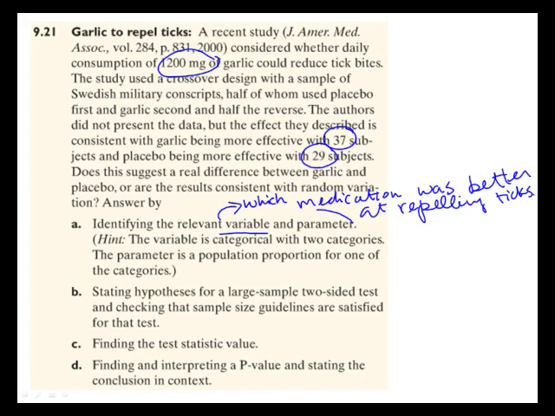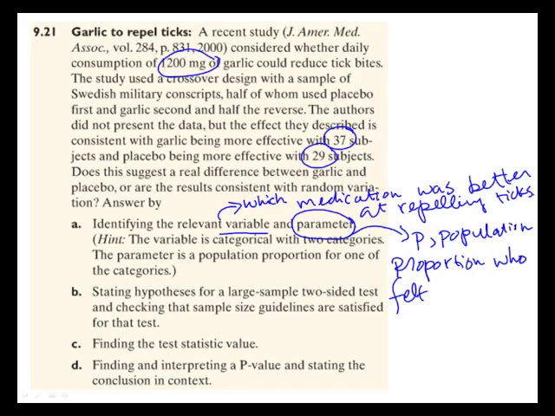So the parameter here, in the context of the problem, is going to be P, the population proportion of people who felt garlic was better. We could have said placebo, but you usually phrase things in terms of the thing you're trying to measure in the first place. So the proportion of people who said garlic was better is our population parameter, P.